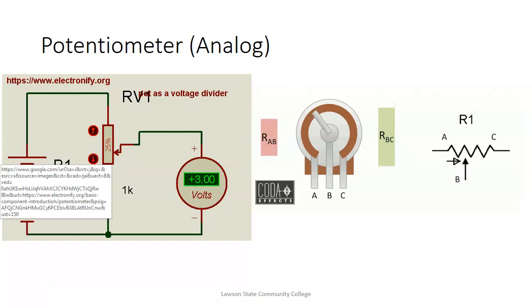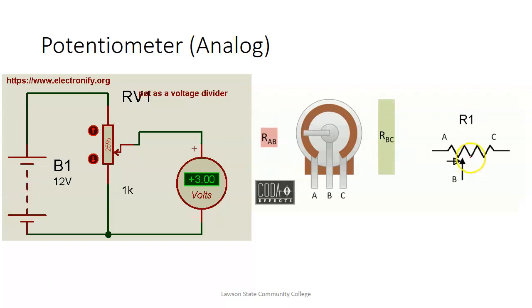We could connect that to something in motion, and it would let us know exactly where that device was. If it's sitting in the center, and I had this across 12 volts and this was 0 volts, it would give us plus 5 volts. That would represent a certain angle. If this was 0 degrees and this over here was 350 degrees, then right here it would be half of 350 degrees.